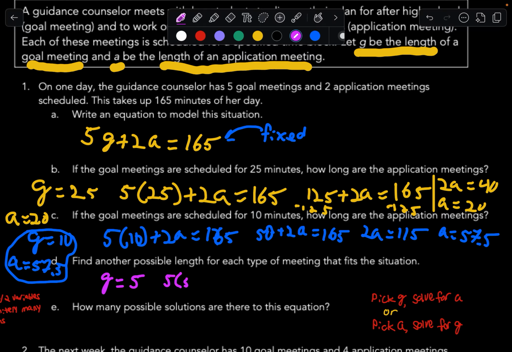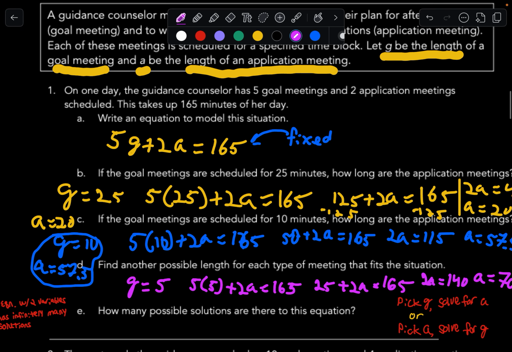You get 5 times 5 plus 2A equals 165, so 25 plus 2A equals 165. Subtract 25, you get 2A equals 140, and A equals 70 minutes. So if G is 5 minutes, A is 70 minutes.